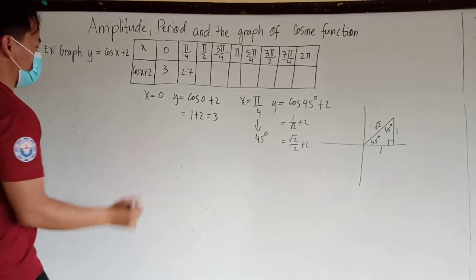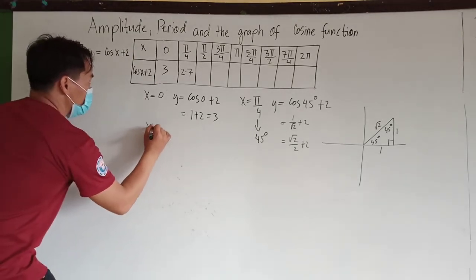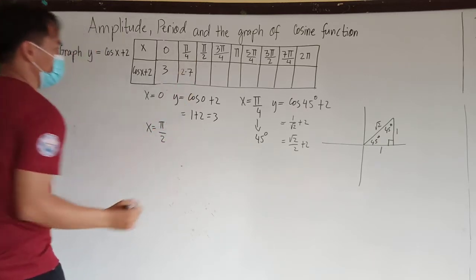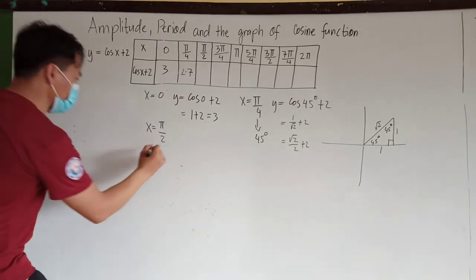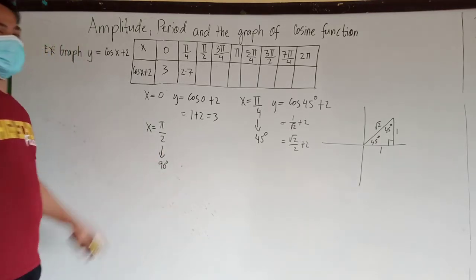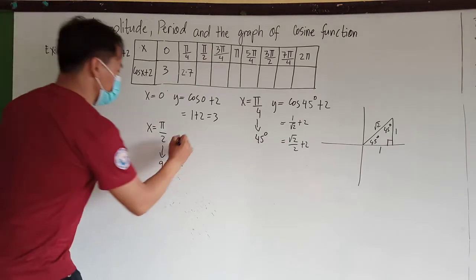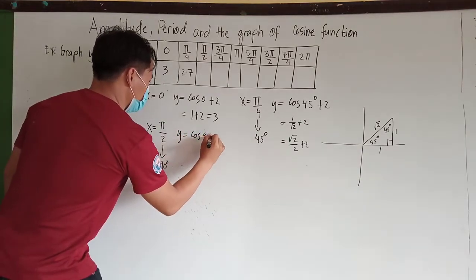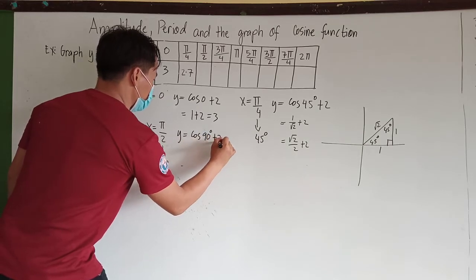Next, we will proceed when x is equal to pi over 2. When x is pi over 2, this is just equal to 90 degrees. We will convert that into degrees to be sure. So y is now equal to cos of 90 degrees plus 2.